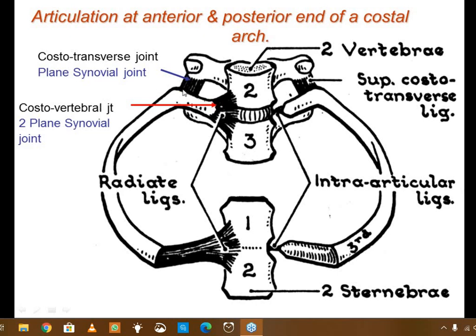The costotransverse joint, that is between the transverse process and the tubercle of the rib, also is a plain synovial joint. So all these joints between the rib and the vertebra are plain synovial joints, so that slight gliding movement takes place with the movement of the thoracic cage.